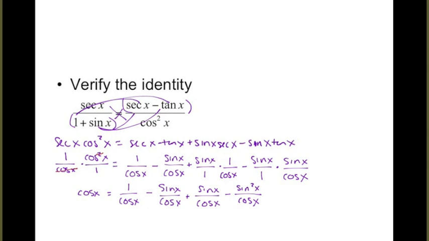In the middle of this, we now have a minus sine over cosine and a plus sine over cosine. Minus something plus something is 0. So that whole middle becomes 0. So I have the minus sine squared over cosine.